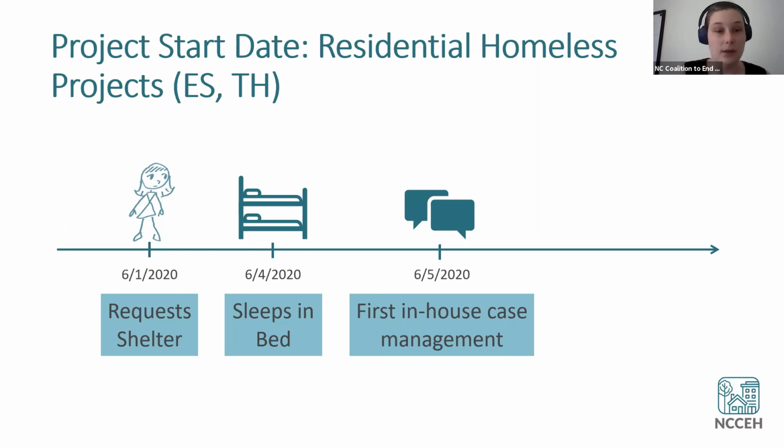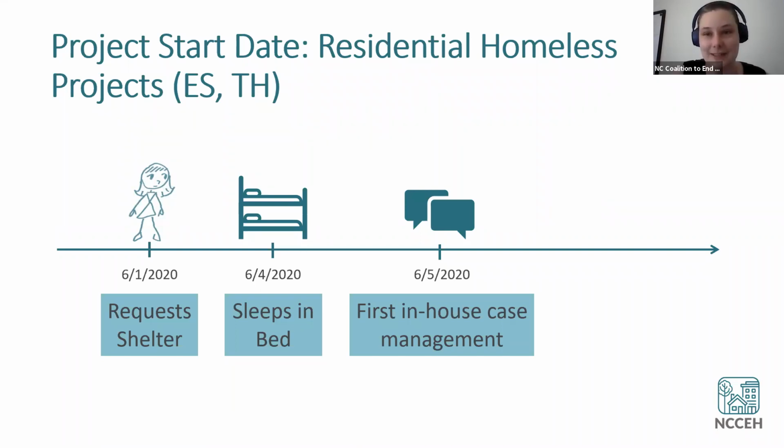But a bed's not immediately available, so it takes a couple of days before she's able to access a bed on June 4th. The next day, she's able to meet with in-house case management and start developing that relationship. So the question is, what is the correct project start date for shelter?